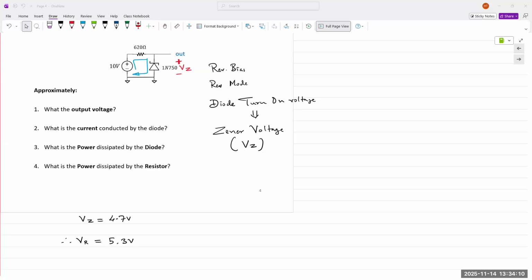If you apply KVL to the circuit, where is that extra voltage going? There's only one other component, the resistor. And it fits with all the known laws that we have, right? The resistor obeys Ohm's law.